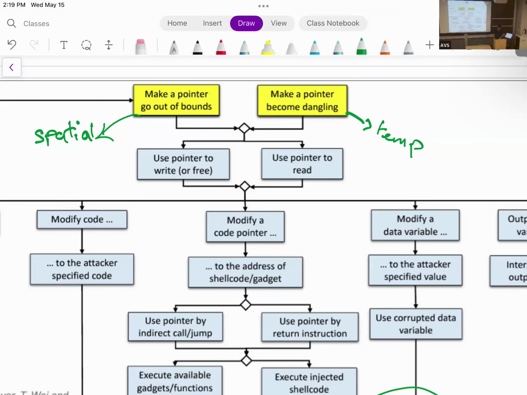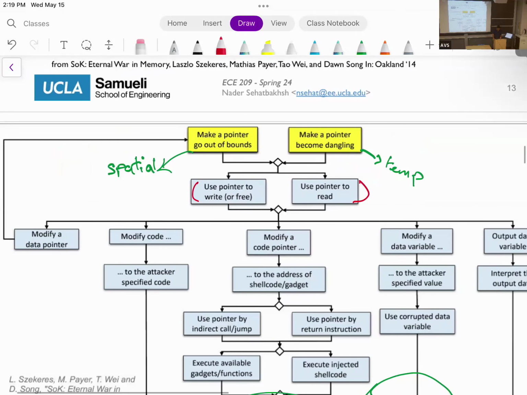The attacker can use the pointer itself to write or undo writes, in other words, free, or use the pointer to read arbitrary values. Okay. So using these 2, now the adversary has essentially 5 different capabilities that they can use.